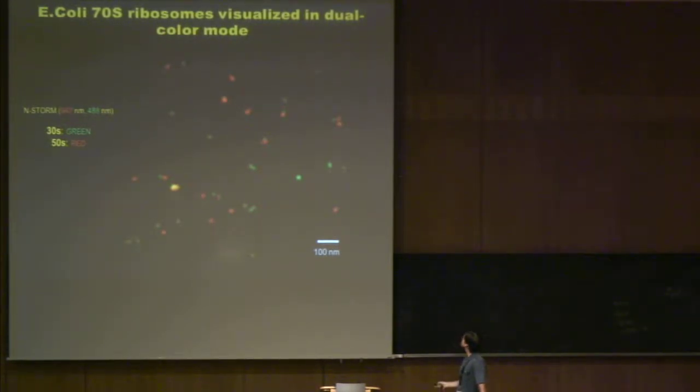In this case, you can see even subunits apparently. Green indicates small, 30S subunits, and red indicates large, 50S subunits. It works, you see.